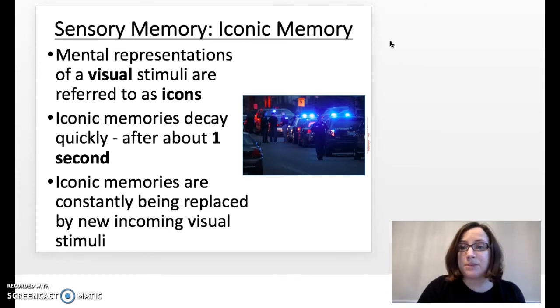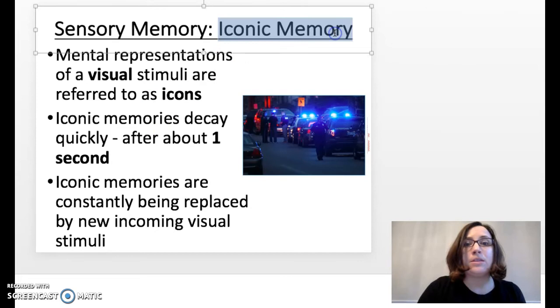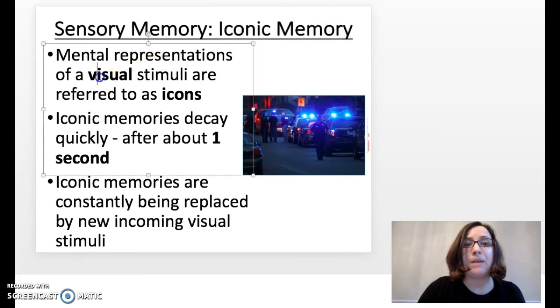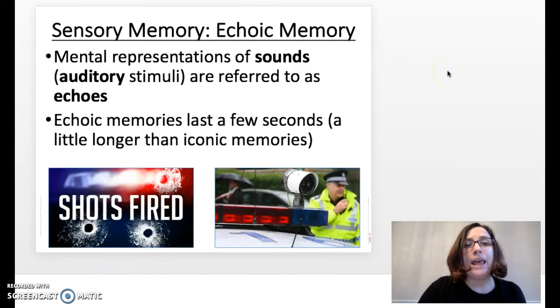The 2 different types of sensory memory that we talked about in class were iconic and echoic. So iconic memory is the part of our sensory memory about visual stimuli, visual icons, for example. And our echoic memory is about auditory stimuli, how we first encounter auditory stimuli.